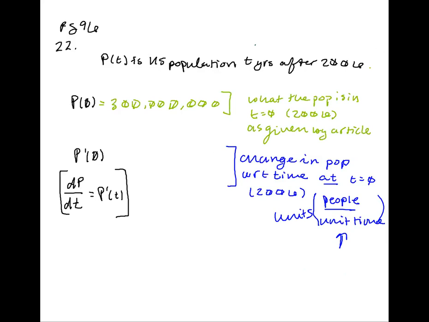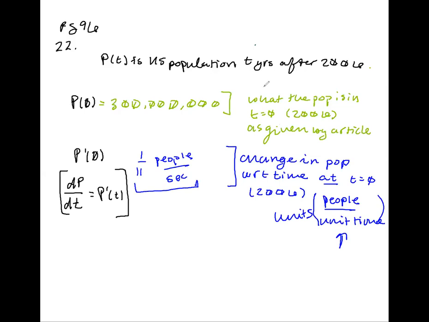That's a good thought. Always keep an eye out for places where things could possibly be undefined. But what they're actually looking for here is 1 over 11 people per second.